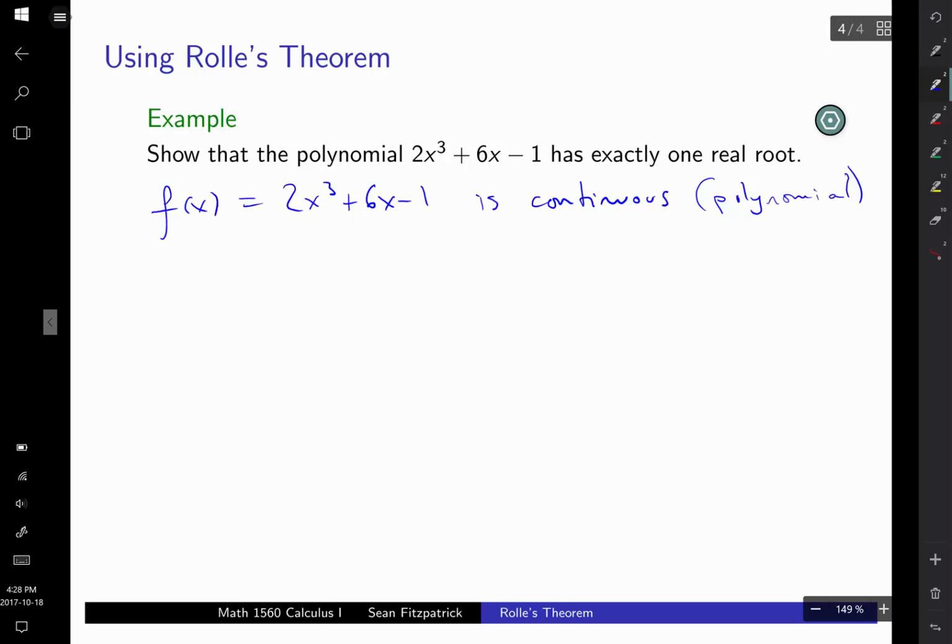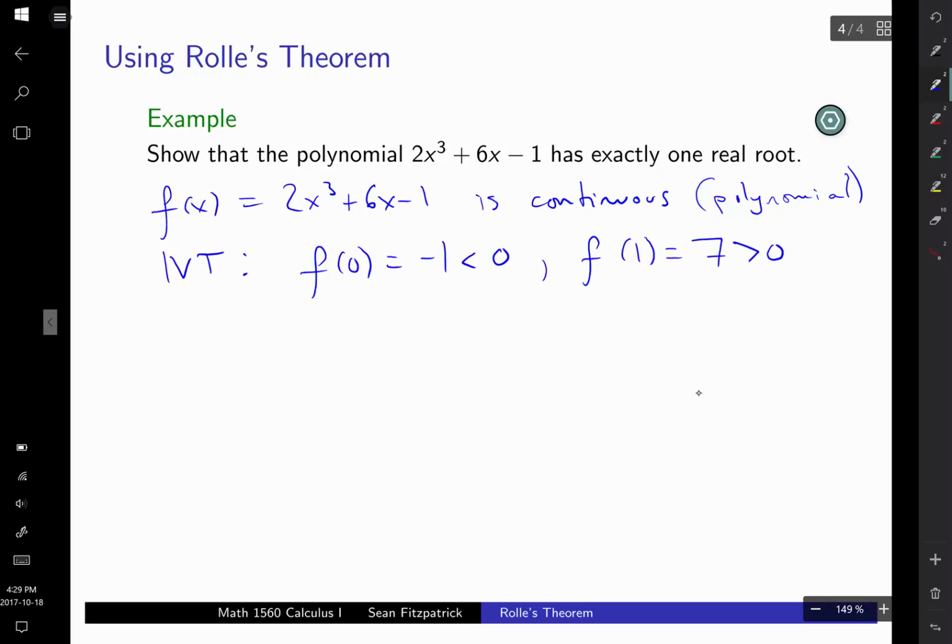That's better. So we know it's continuous, and so one thing we can employ here is the intermediate value theorem, right? So we notice that f of 0 equals minus 1, which is less than 0, and f of 1, well, that's 2 plus 6, which is 8, minus 1 is 7, which is bigger than 0, right?